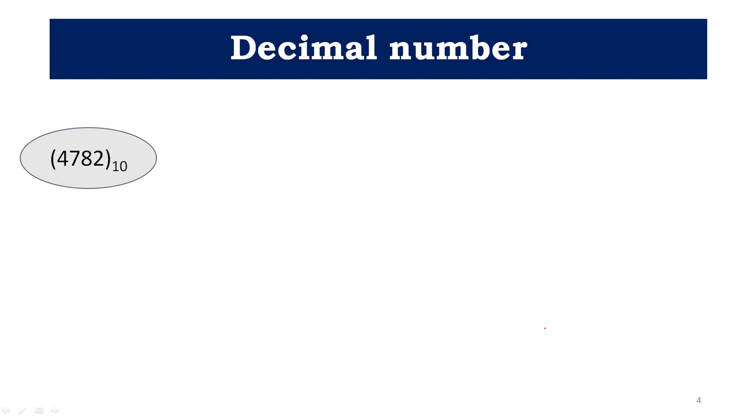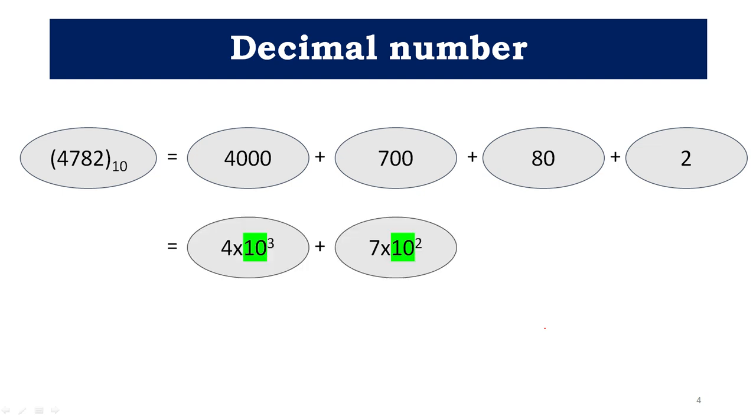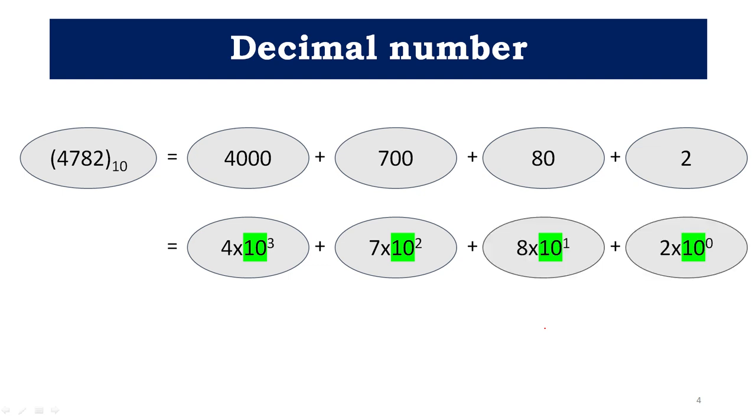So here we have an example, a decimal number which is read as 4782, which can be written as a sum of 4780 and 2, and in turn this number 4000 can be written as 4 times 10 power 3, and 700 as 7 times 10 power 2, and 80 is 8 times 10 power 1, and 2 as 2 times 10 power 0.